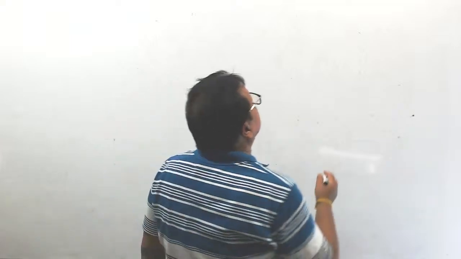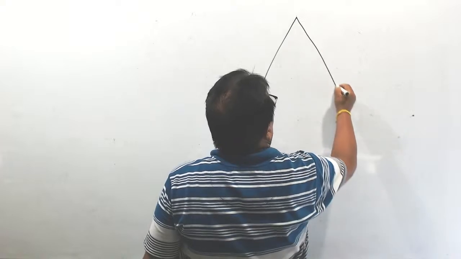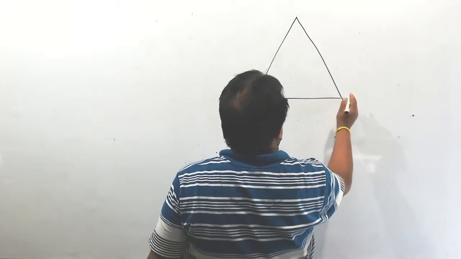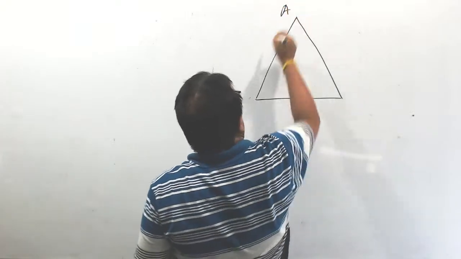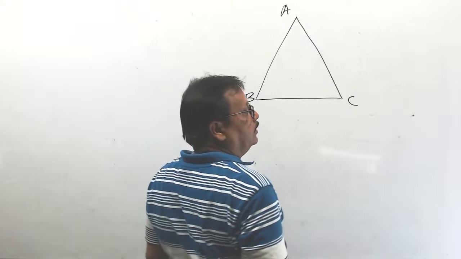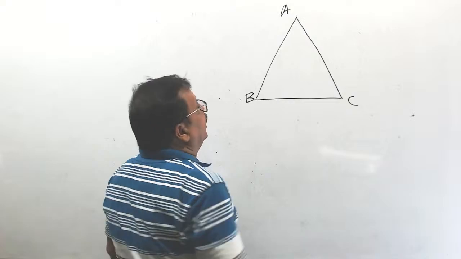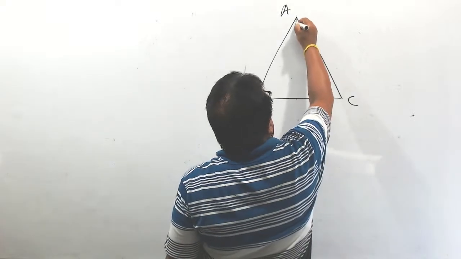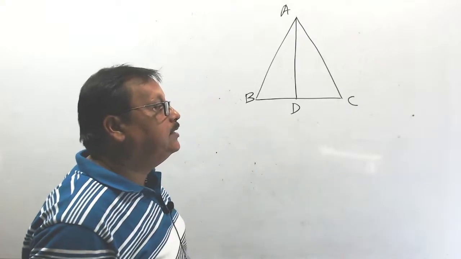First you draw the picture. This is the triangle ABC. The altitude means what? Perpendicular. AD bisects BC.